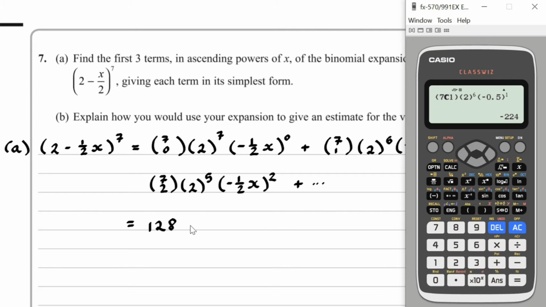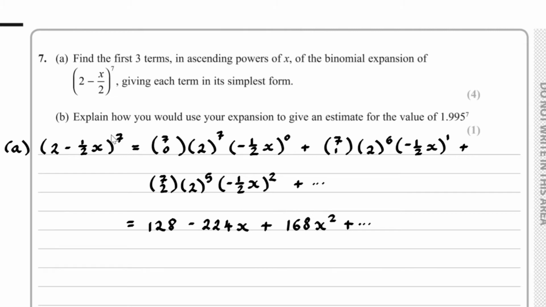So the coefficient of x will be minus 224x. And for the next term, we've got 7 choose 2, 2 to the power of 5, minus 0.5 to the power of 2. It turns out we get 168x squared, and we could continue with higher order terms.